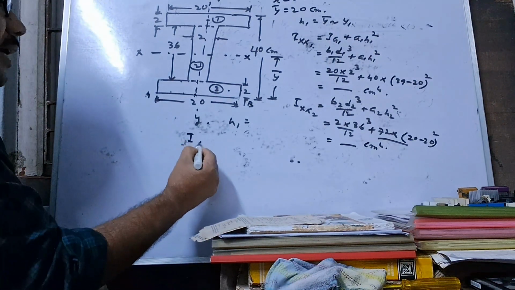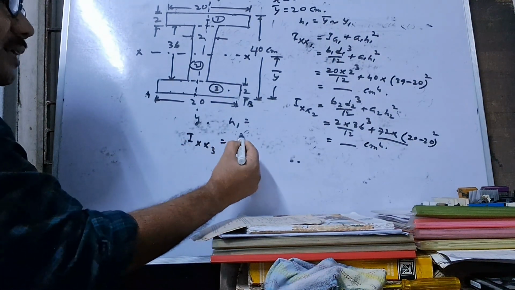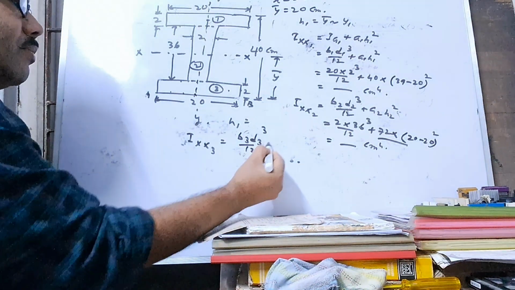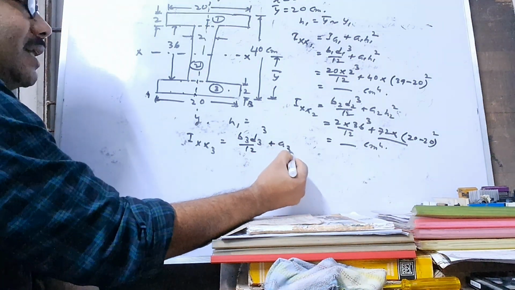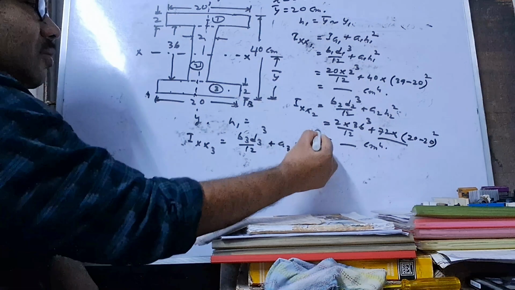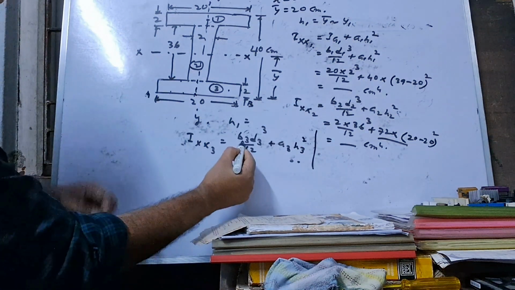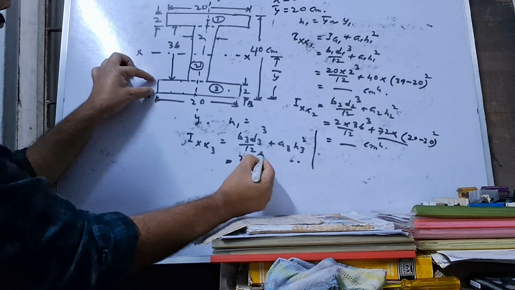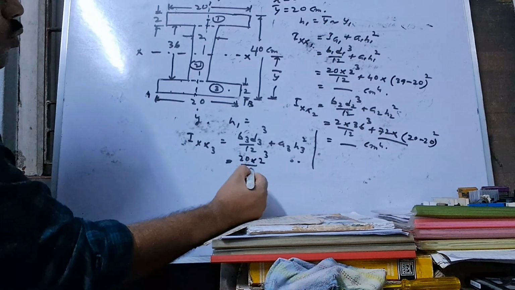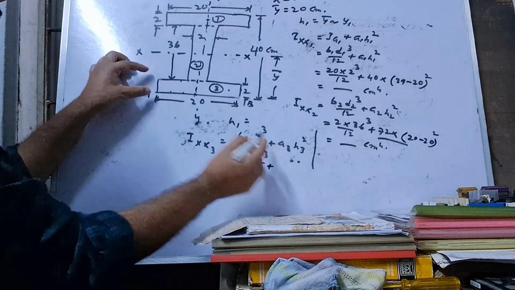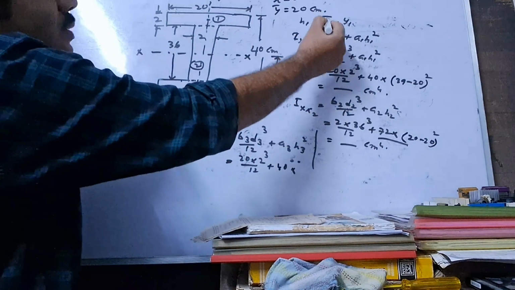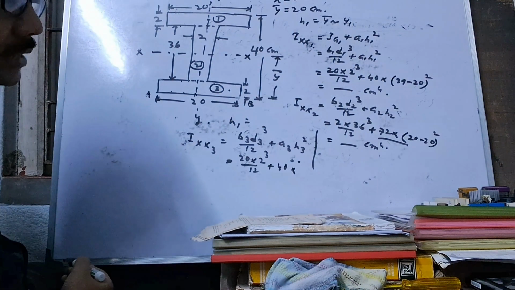Similarly, I have to calculate IXX3, and this is B3 D3 cube by 12 plus A3 H3 square. B3 for section 3 is 20, D3 is 2 cube by 12, A3 is 20 into 2, this is 40, and H3 is y bar and y3, the difference.